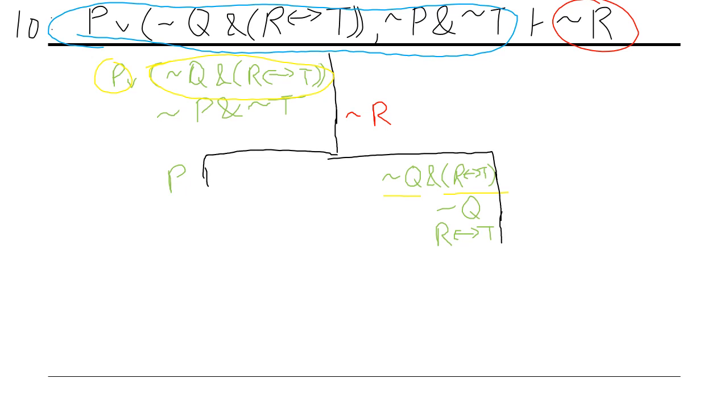So let's just do this not Q first. So I'm going to move this not Q over to this side, get rid of the tilde. Now I still need to operate on this double arrow. So remember, a double arrow is true if both of them are true, or both of them are false.